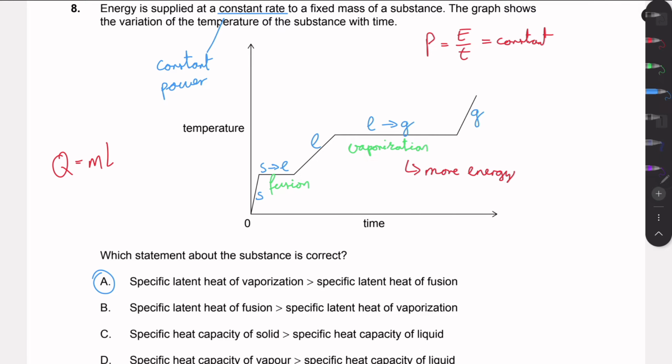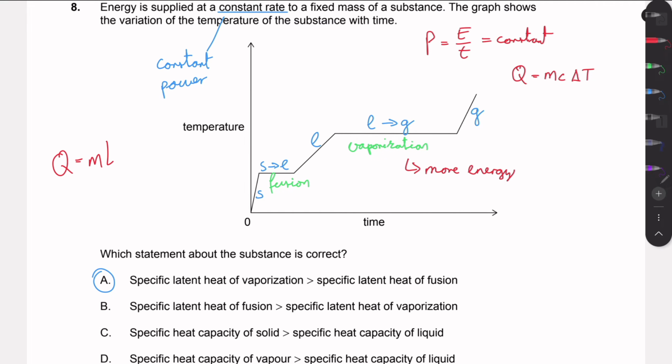And then they also tell us that the specific heat capacity of the solid is larger than the specific heat capacity of the liquid. Well, how could we approach this? Well, we know that there's this equation, Q is equal to mc delta T, right? Where delta T is the change in temperature.